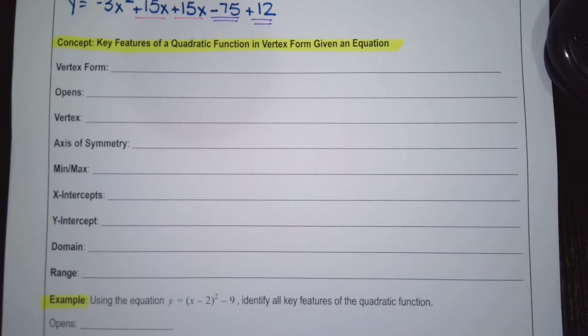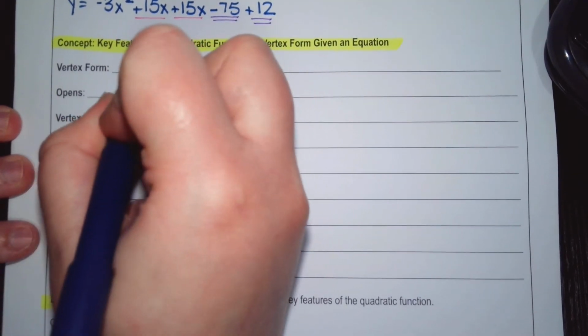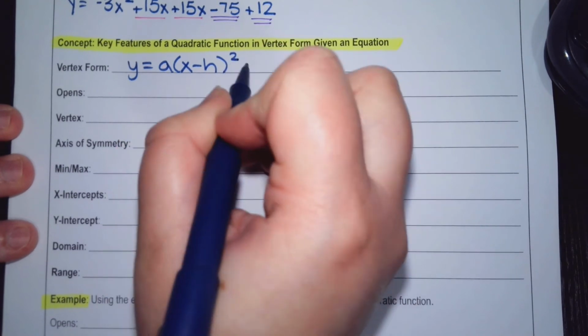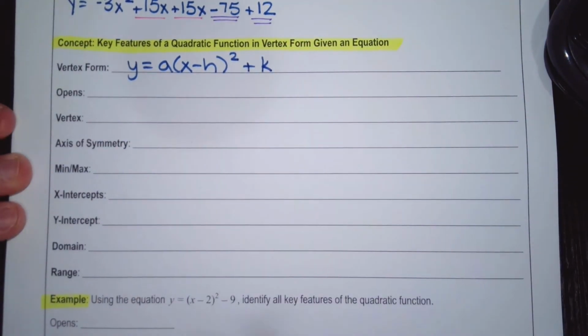But there's going to be some different ways how to do this. So you need to make sure you know how to identify the different items here. So again, vertex form is y equals a times x minus h squared plus k.